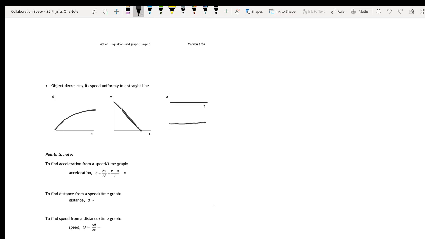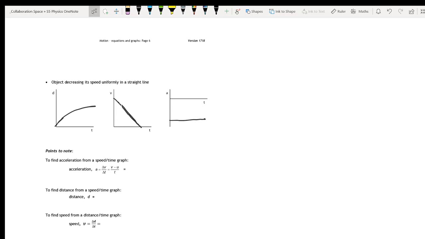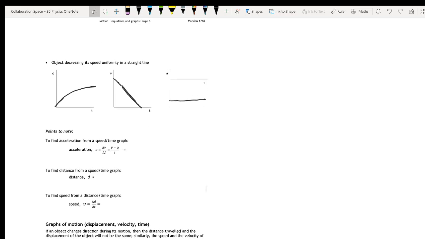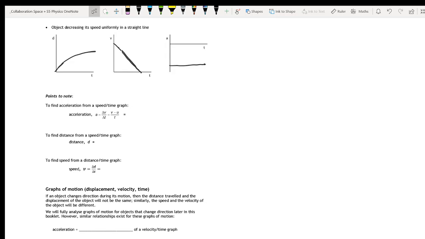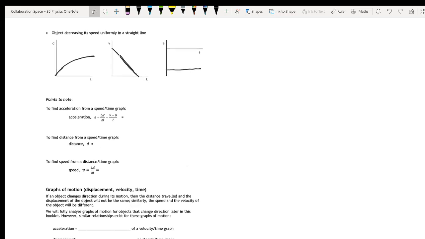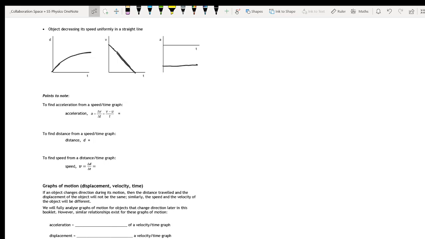Did everyone finish those other graphs? Does anyone need me to push it back up? Okay, and points to note. To find the acceleration from a speed time graph, you find the gradient.